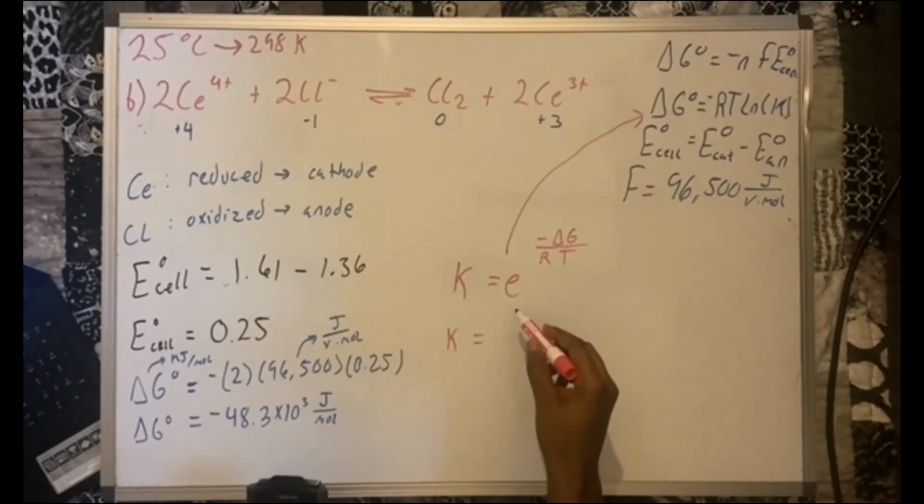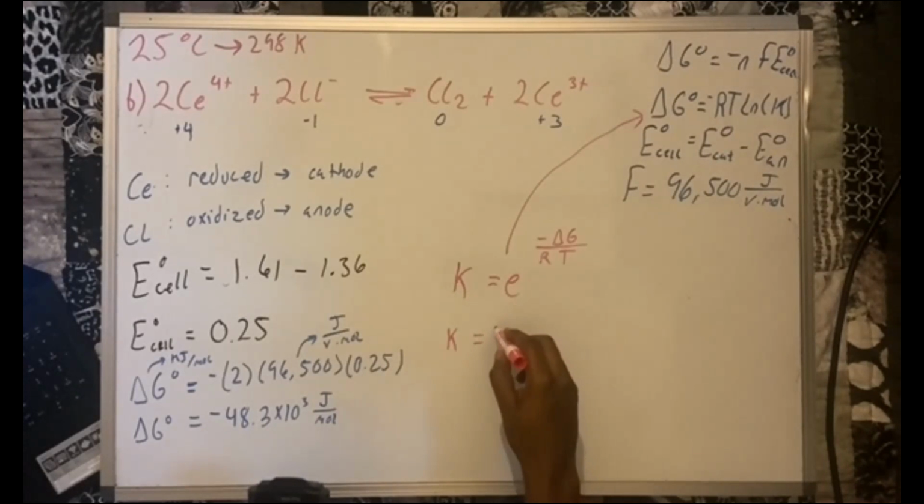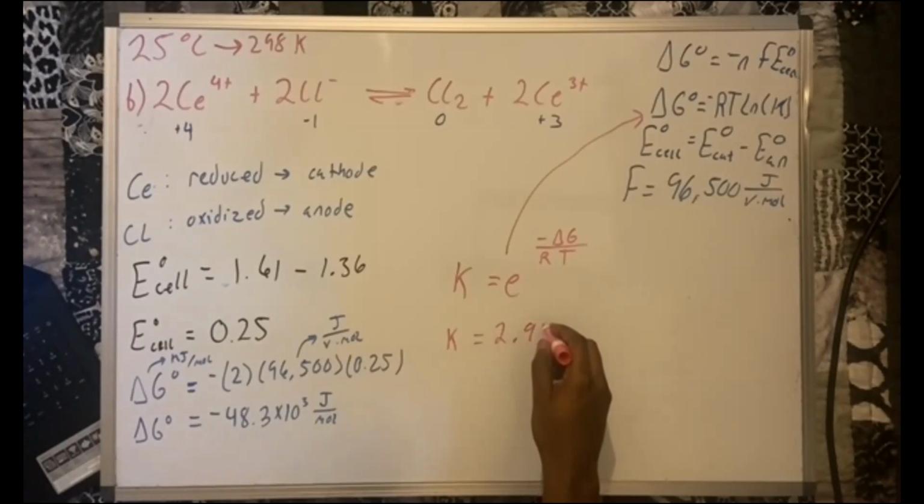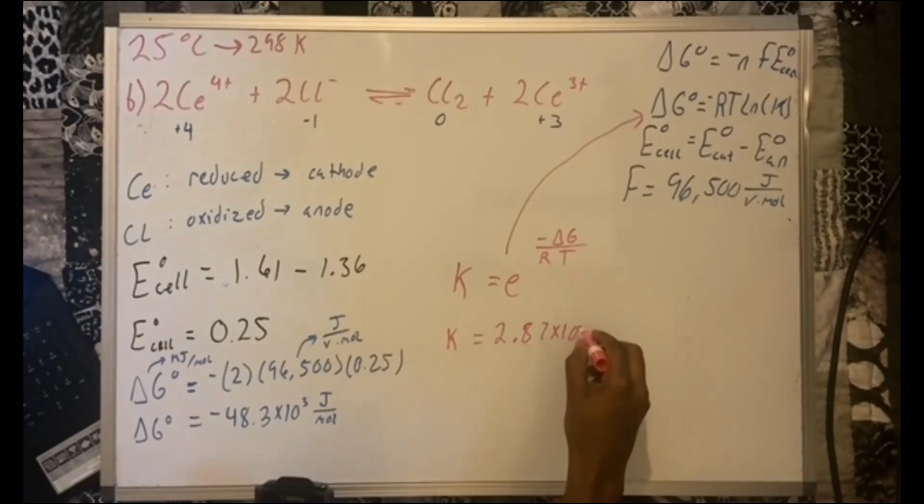Okay, I got a K of 2.87 times 10 to the 6.8.